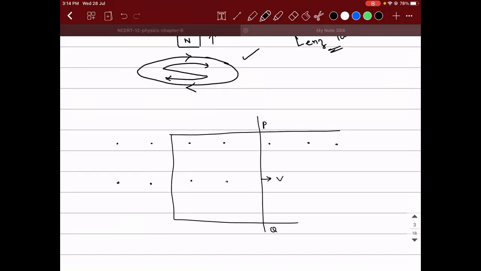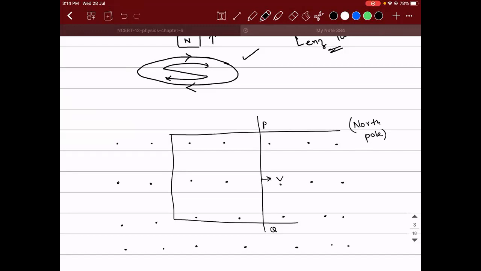I'm drawing a set of dots. So what do we mean by dots? The paper is acting like north pole and you're acting like south pole. So that should be fixed in the mind first.